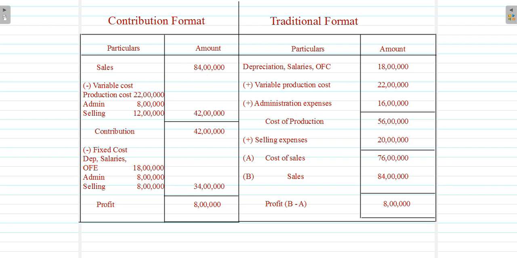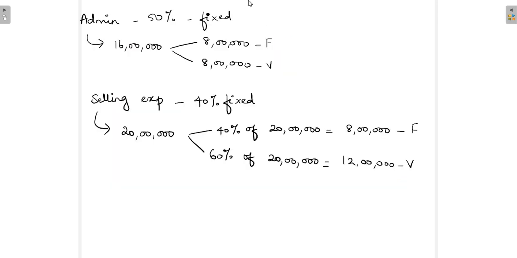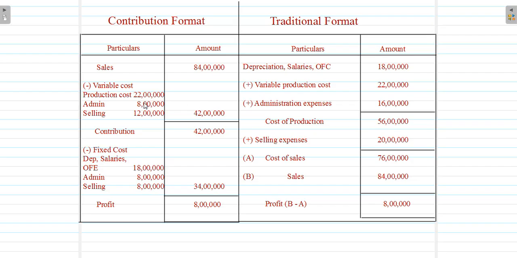Variable cost: variable production cost 22 lakhs, and 50% of administrative expenses and 60% of selling expenses is variable cost. So 50% of administrative expense is 8 lakhs and 60% of 20 lakhs is 12 lakhs. So 22 lakhs, 8 lakhs, 12 lakhs will give you 42 lakhs. So sales minus variable cost put together, contribution is 42 lakhs.